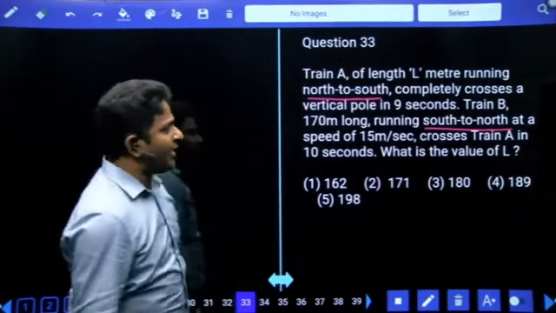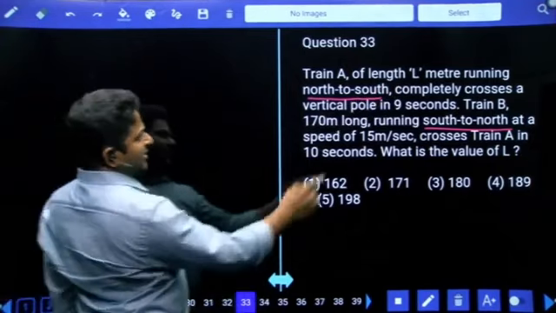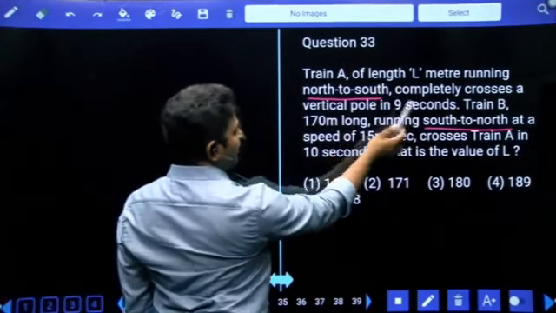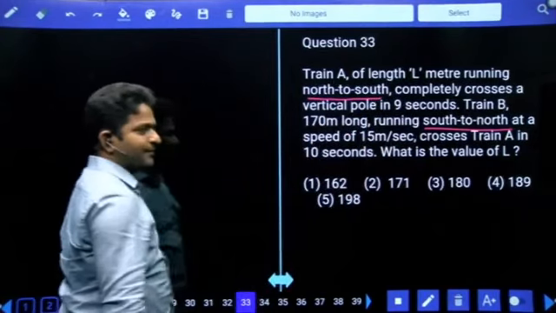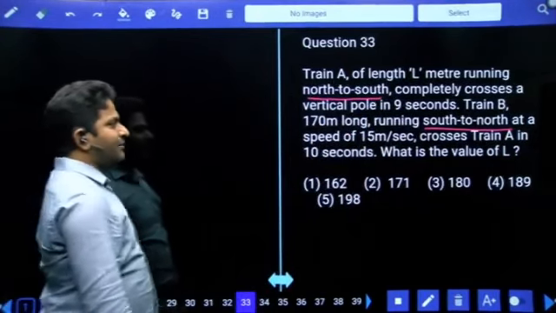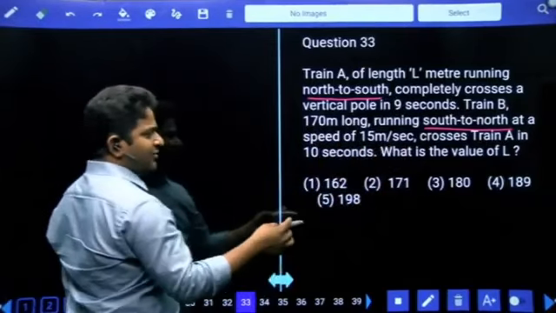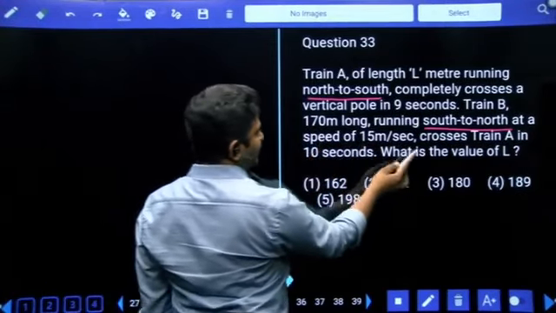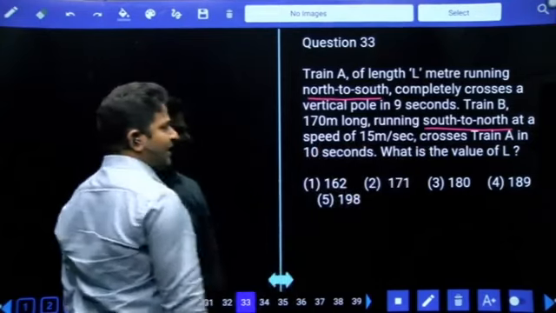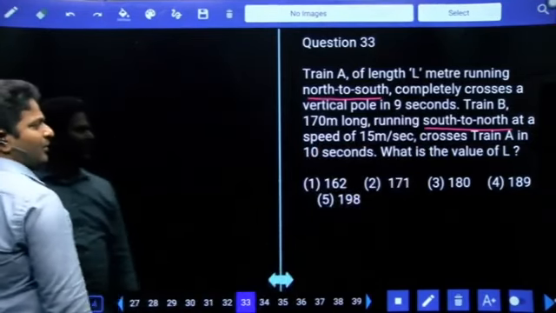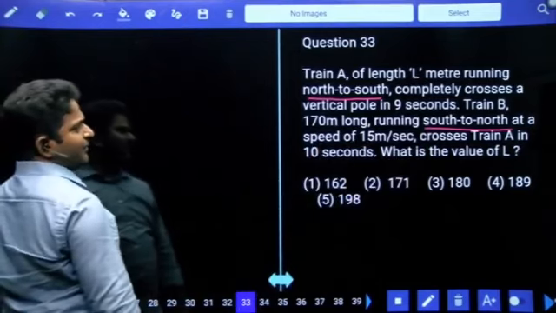In the first case, train A, which is running from north to south, completely crosses a pole in 9 seconds. Next, train B with 170 meters length running in the opposite direction with a speed of 15 meter per second crosses train A in 10 seconds. Now, what is train A's length?